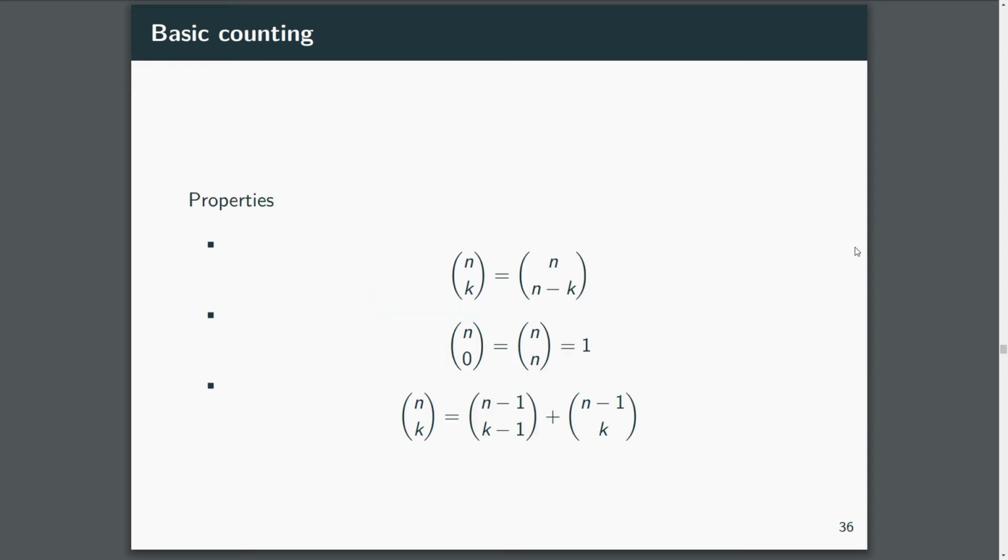So some properties of the binomial coefficient. You can swap k with n minus k. The number of ways of selecting 0 and selecting n objects is just going to be 1. Take nothing or take everything.